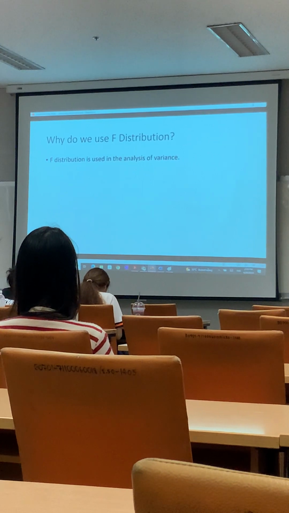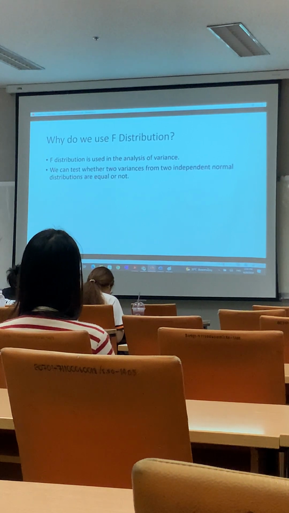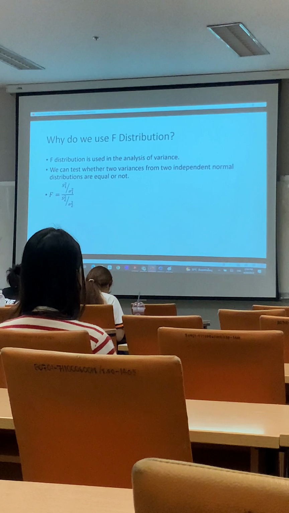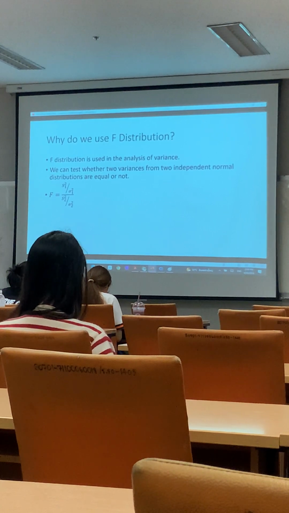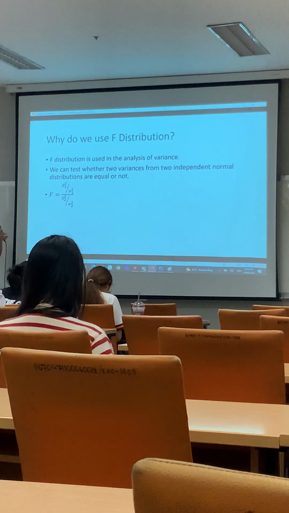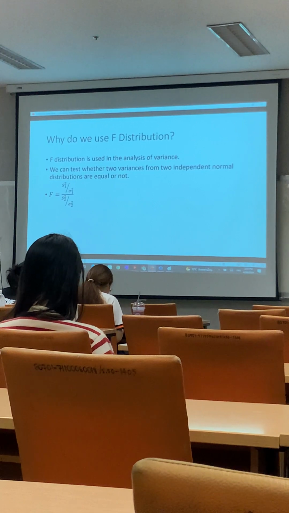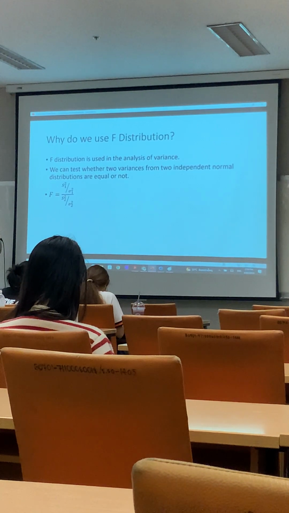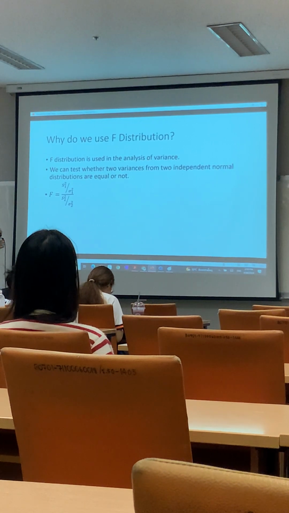Chi-square is for testing variance, when you want to estimate the variance. F distribution is when you want to test the ratio of two variances. So you have two populations, and you want to see whether these two populations, or maybe two samples from the two populations, have the same variance or not.